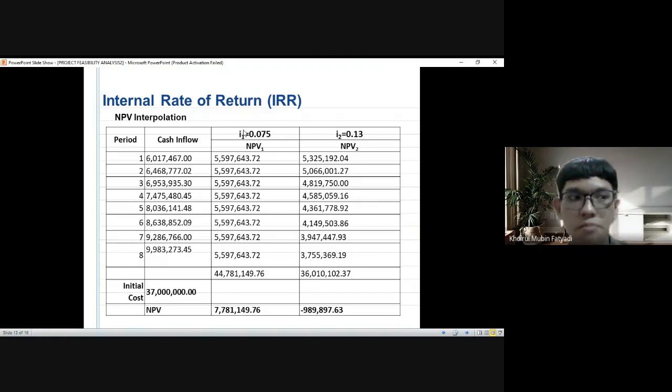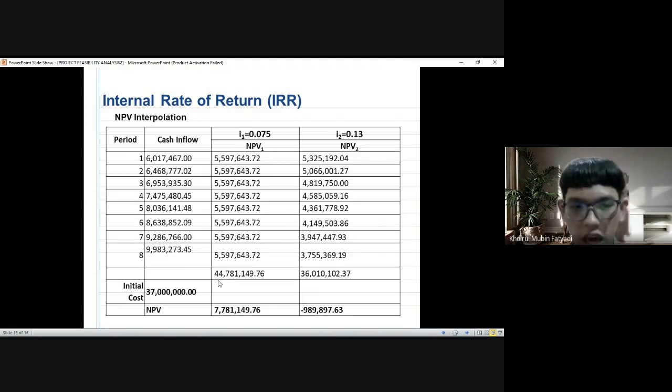From the previous calculation, we have I1 is equal to 0.075. So we get NPV is minus 37 million plus 44 million 781,149.76.